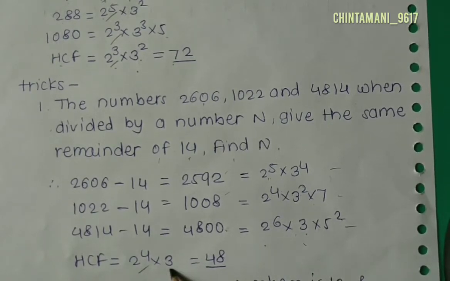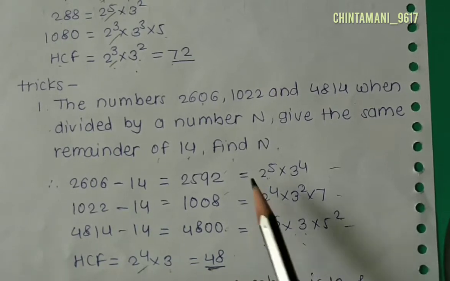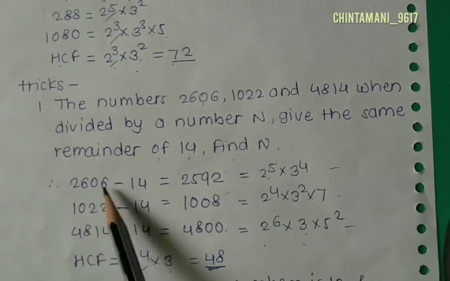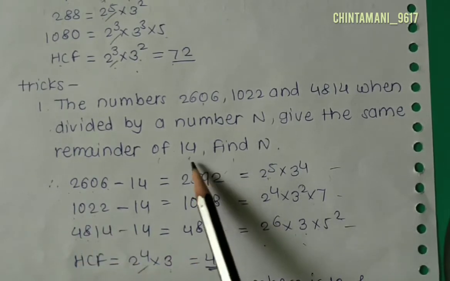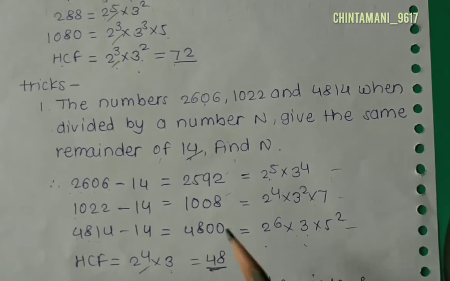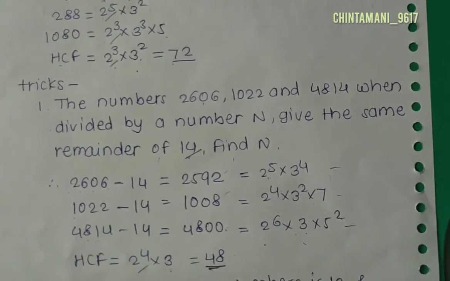Multiplying this, we get the HCF, that is 48, and that's the value of our number, which when it divides 2606, 1022 and 4814 leaves a remainder 14. You can calculate that with the calculator as well to cross verify it.